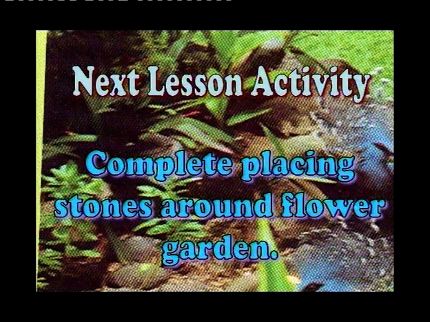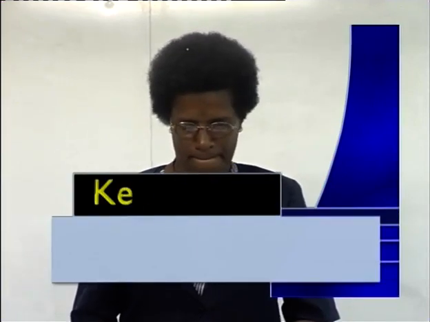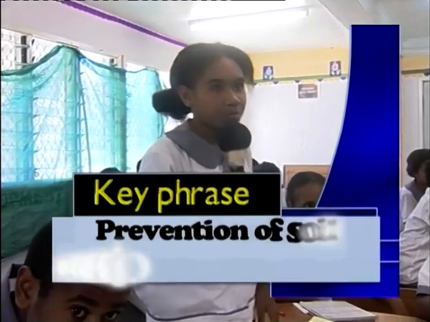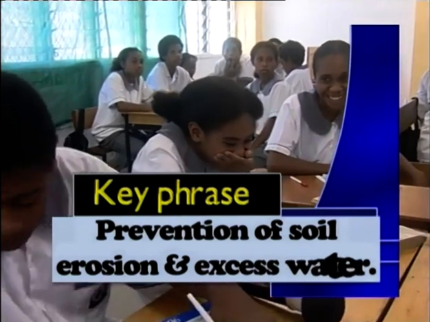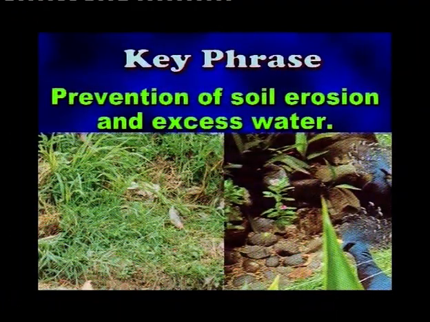And if I can have someone to tell us what the key phrase is. Key phrase? Okay, let's say Patricia. Placing stones. Okay, placing stones. So let's have a look at it. What does our key phrase say?